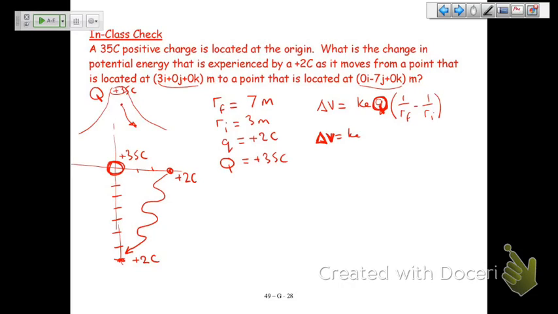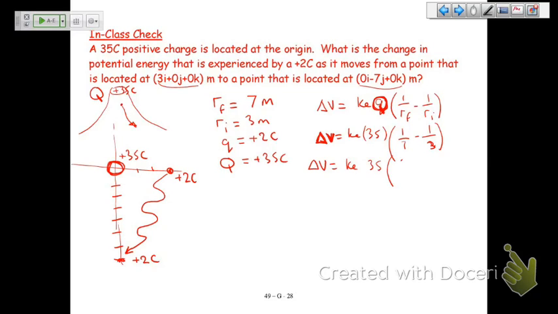Okay? So delta V equals KE, and that Q is the plus 35. And this is 1 over the final, and the final we end up at is 7, minus 1 over 3. So delta V is equal to KE. Oh, I'm glad you guys are here. That's all I can say.